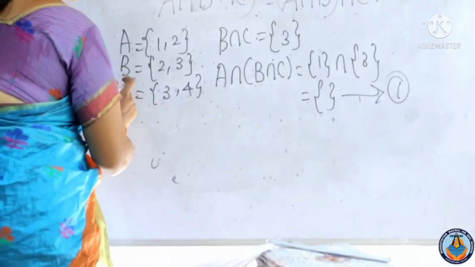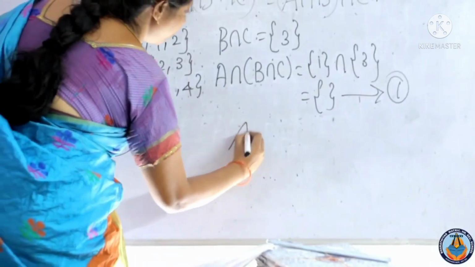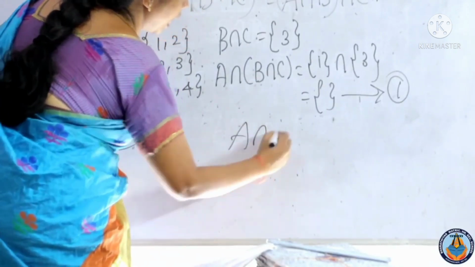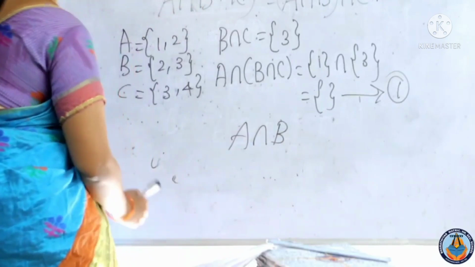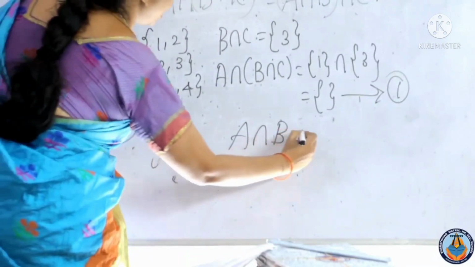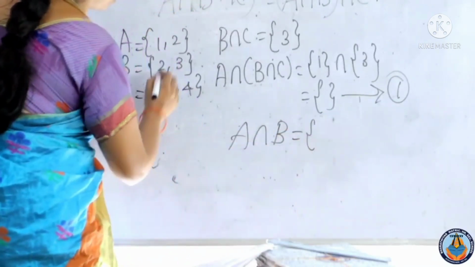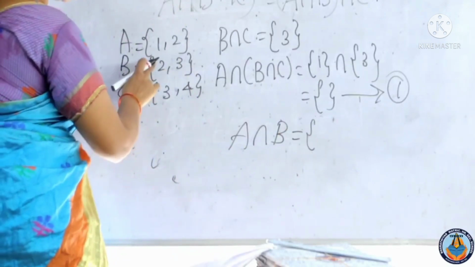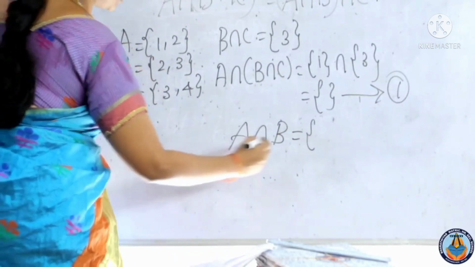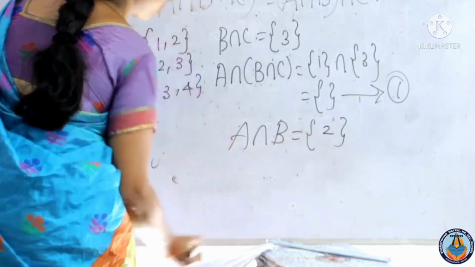Now you have to find the intersection between A and B sets. A intersection B is equal to, what are the common elements here in A and B set? 2.